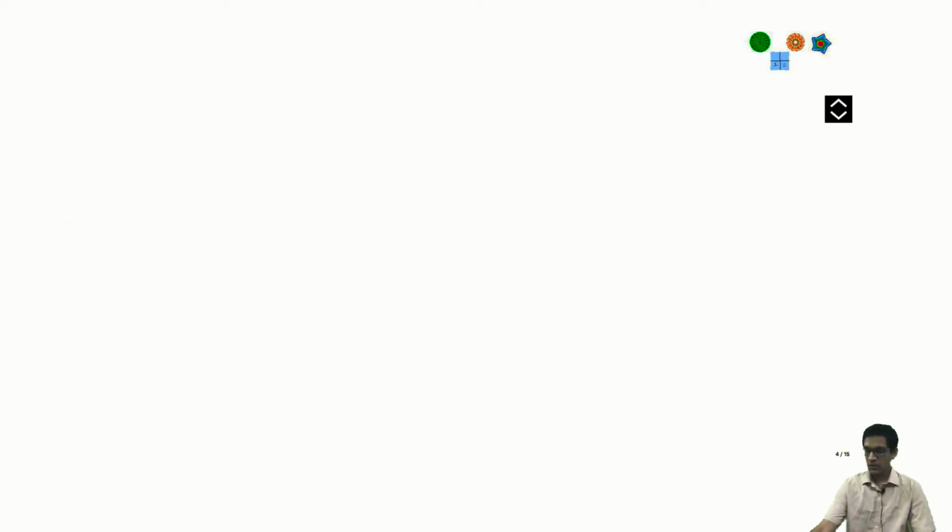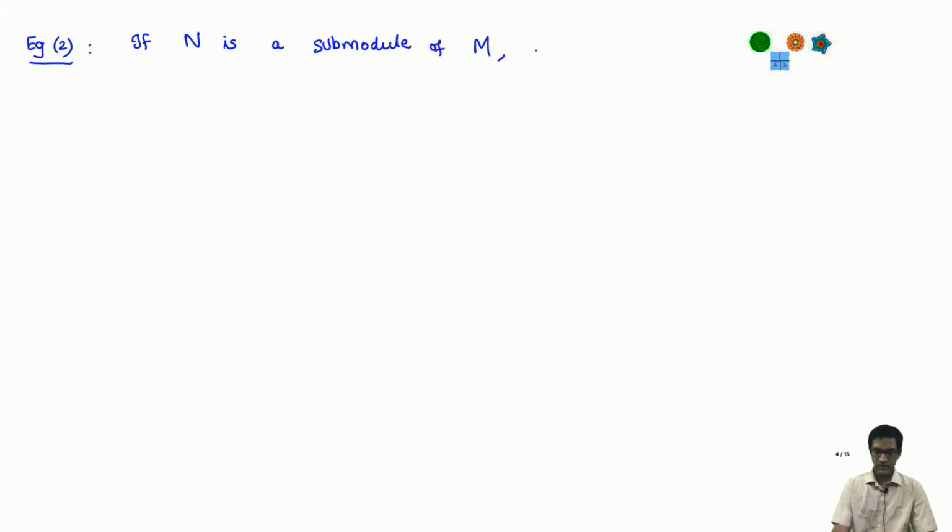Okay, now let's look at more examples. I talked about example 1, which is that of vector spaces and linear transformations. Example 2, a general class of examples: if N is a submodule of M, then from N to M there is what's called the inclusion map, called i, which does the following: it takes each element to itself.